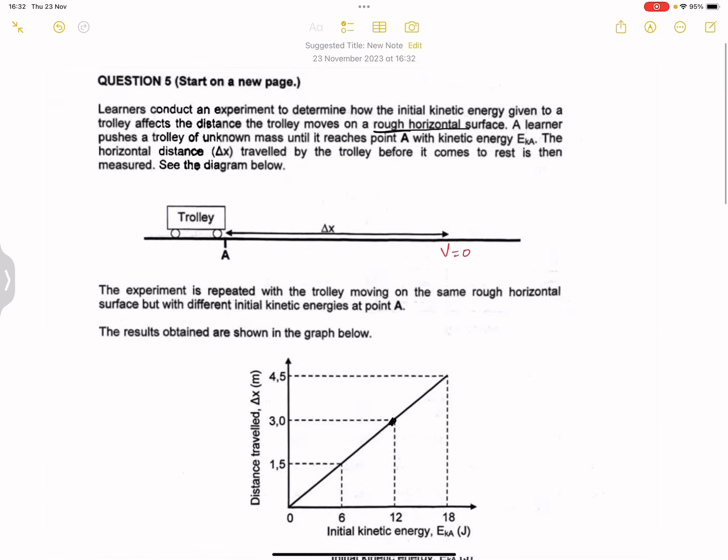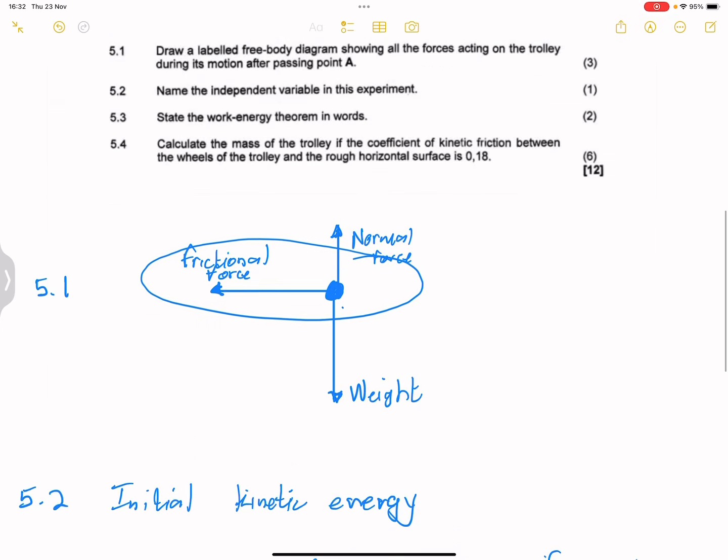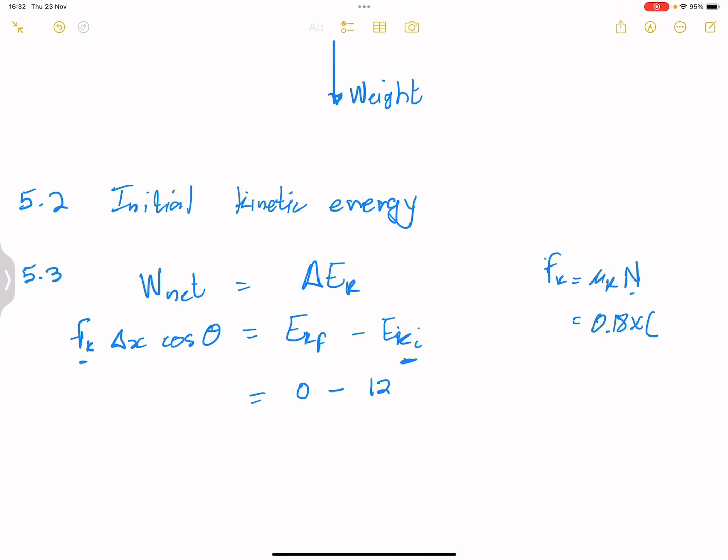The mass is what we're looking for, and gravitational acceleration is 9.8. So this would be 0.18 times 9.8 multiplied by the mass.